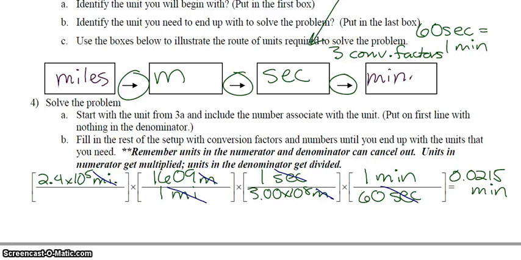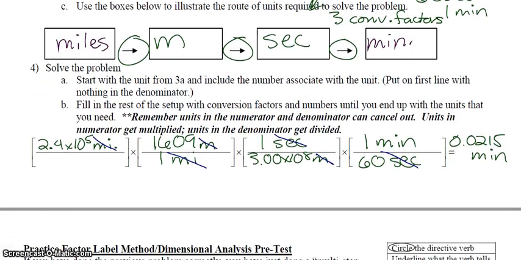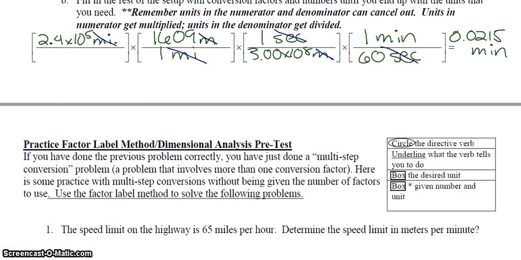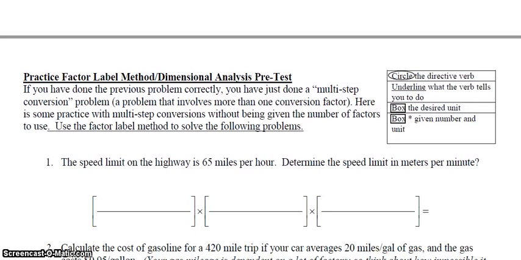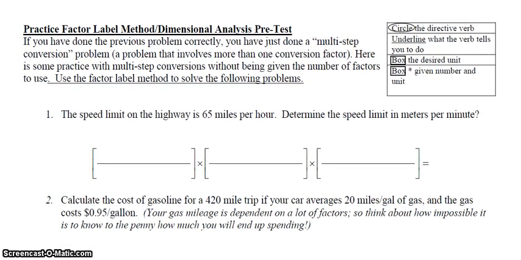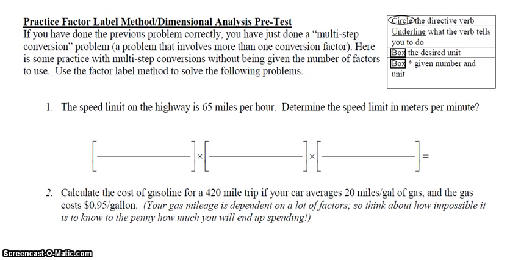Now, last problem I would like to do together has a unique situation where the given value has 2 units. So we have to be a little bit more careful on how we set this up.